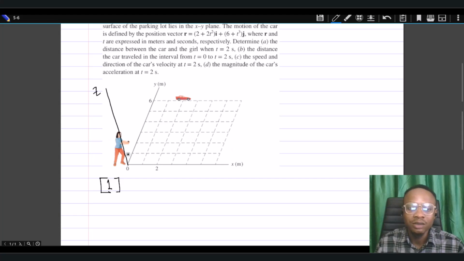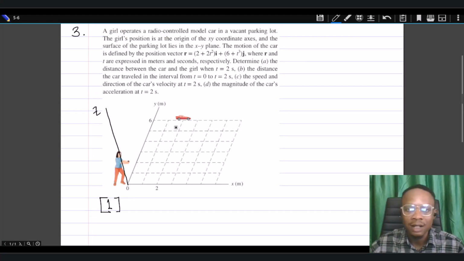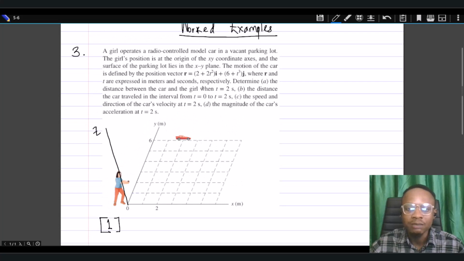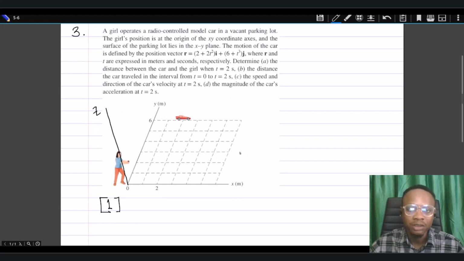The way this girl stands, she is perpendicular to this because this is the ground floor, as given in the problem statement. So the car is on the ground, the girl stands, and this car is on the ground as well. So it moves in this horizontal plane of the ground floor. All right, so that's what's important to us here.